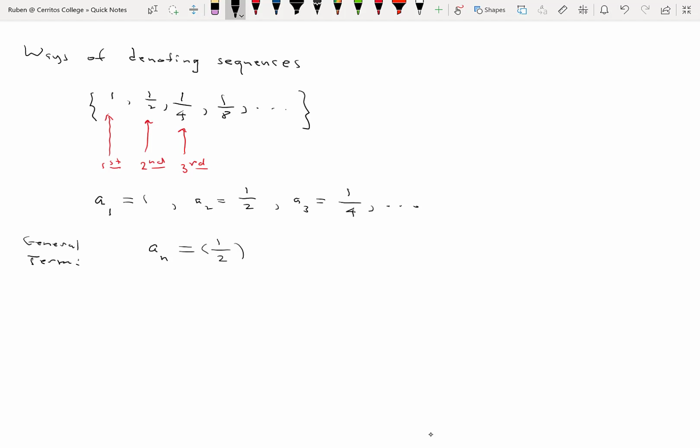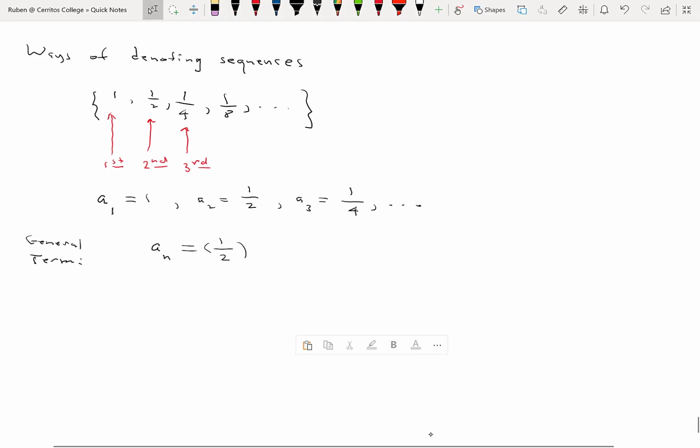But 1/2 to the what? Well, the first term has 1, and 1/2 to the 0 is 1. The second term is 1/2 to the 1. The third term is 1/2 squared, sorry. So it looks like the particular nth term in the sequence we get by taking 1/2 and raising that to the n minus first power.